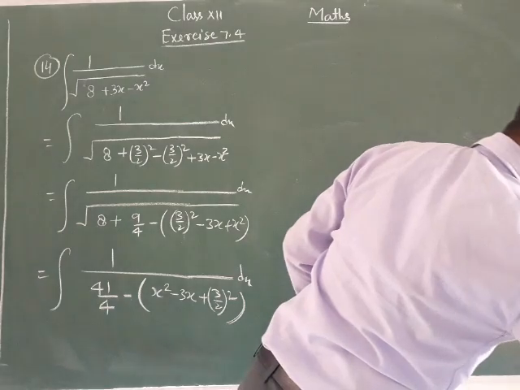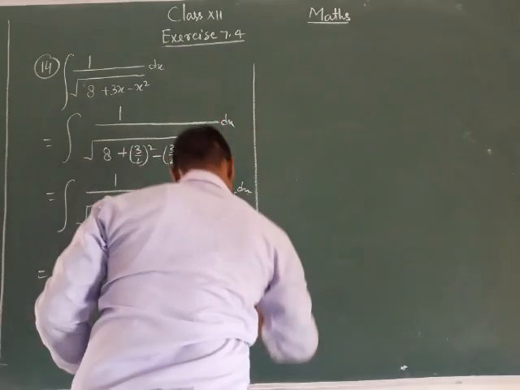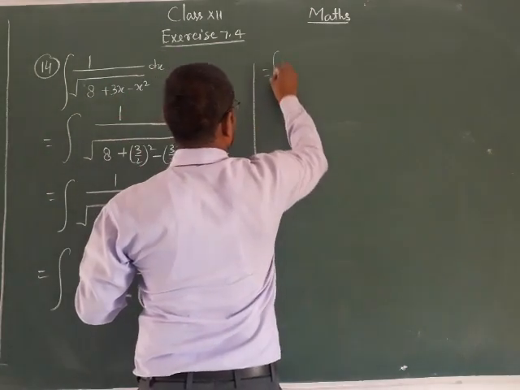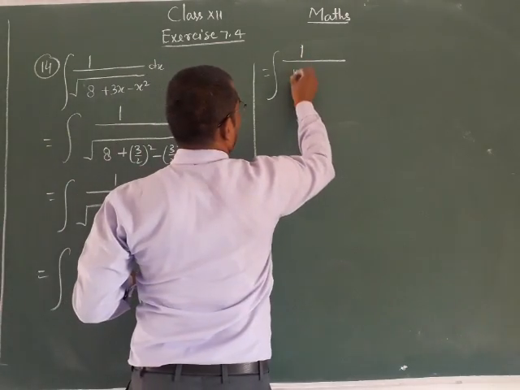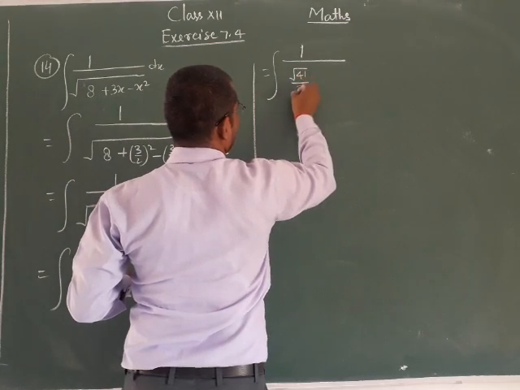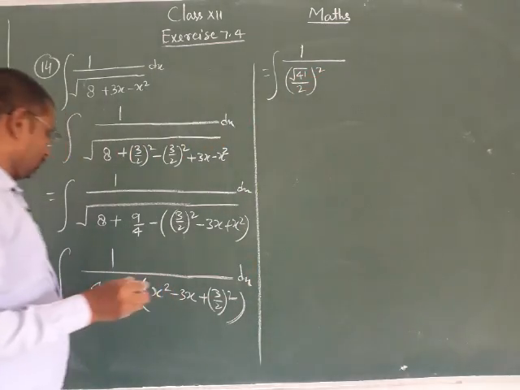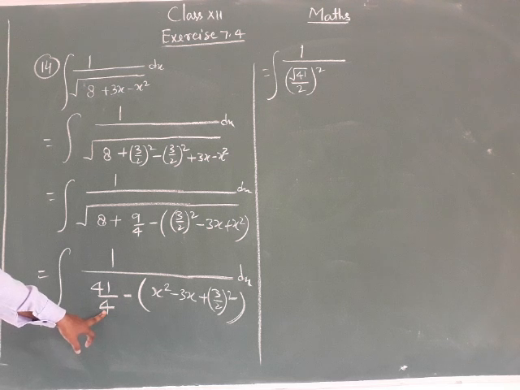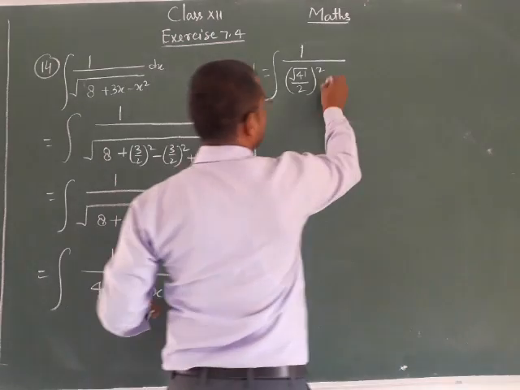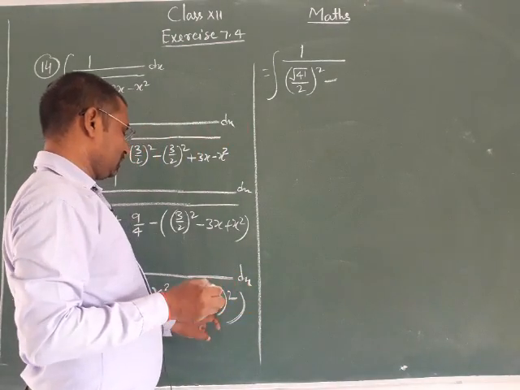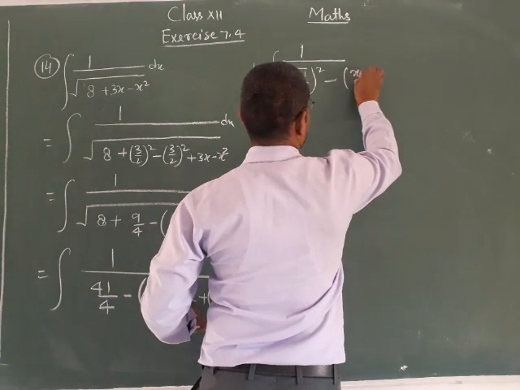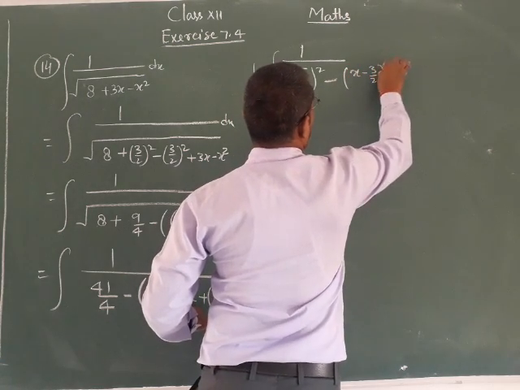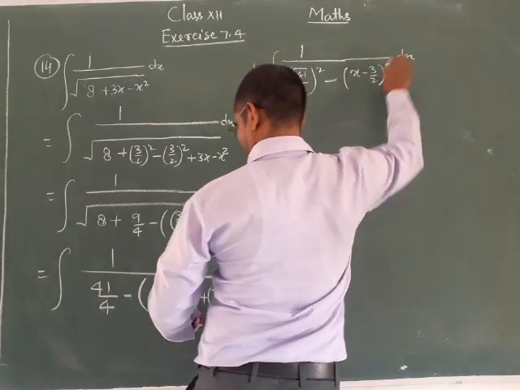And also change to another form, we get integral of 1 upon root of 41 upon 2 whole square, 41 upon 4, so square root of 41 upon 2 whole square minus a square plus b square minus 2ab, so we get x minus 3 by 2 whole square, dx.